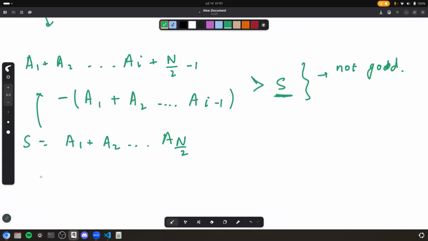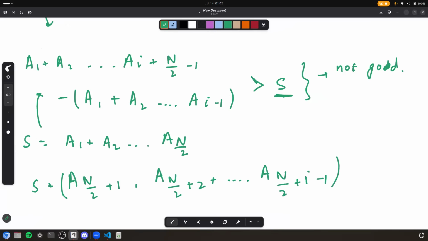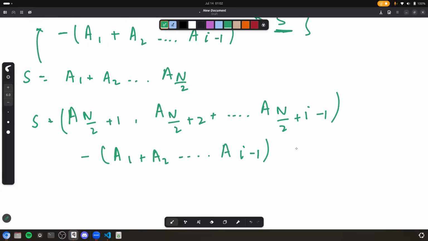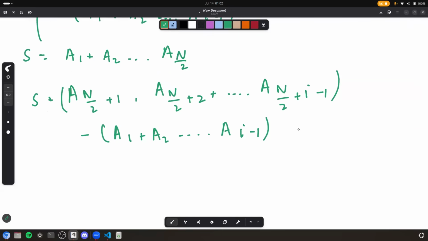So we'll put s here, and then we will get s plus a n by 2 plus 1, a n by 2 plus 2 till a n by 2 plus i minus 1, and subtract a1, a2 till ai minus 1. And this is greater than s.